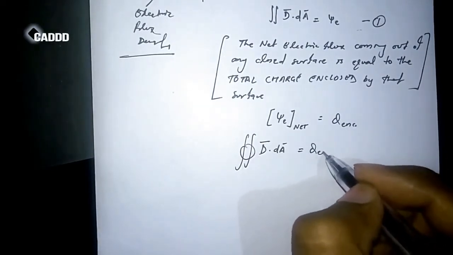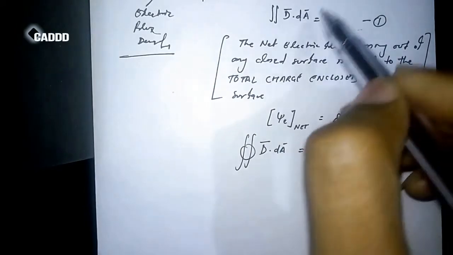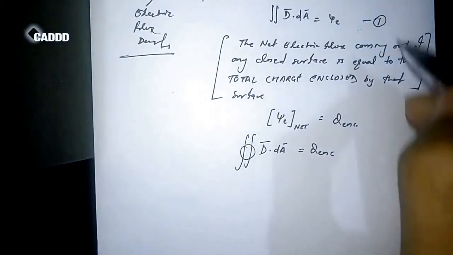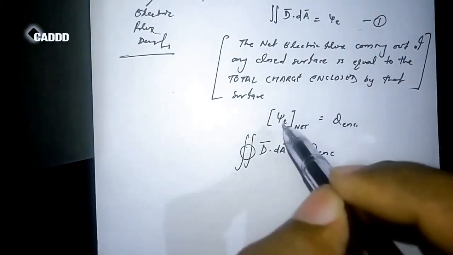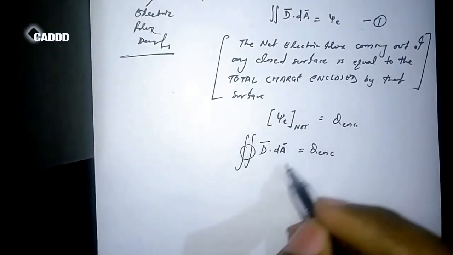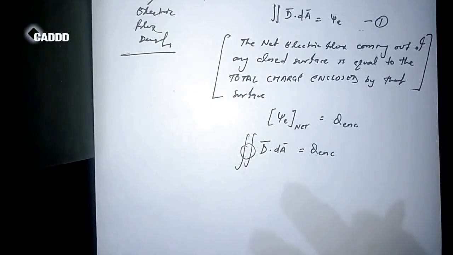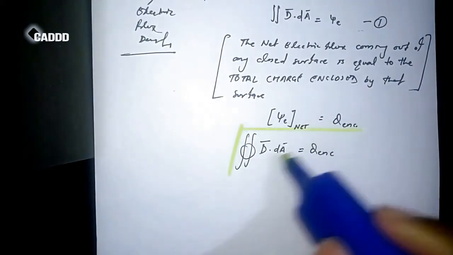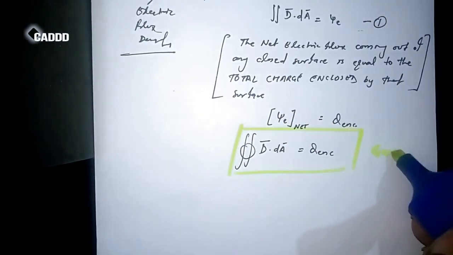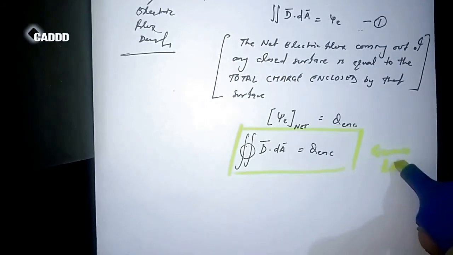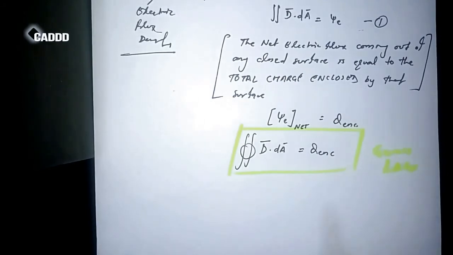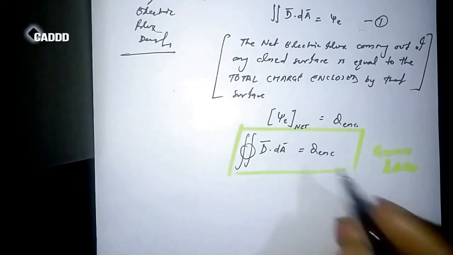Now the electric flux is equal to this thing, but when we are considering the net electric flux, we have to show the closed surface. Only a closed surface can have net electric flux. So this is the thing which is known as Gauss law, but this Gauss law is in integral form.